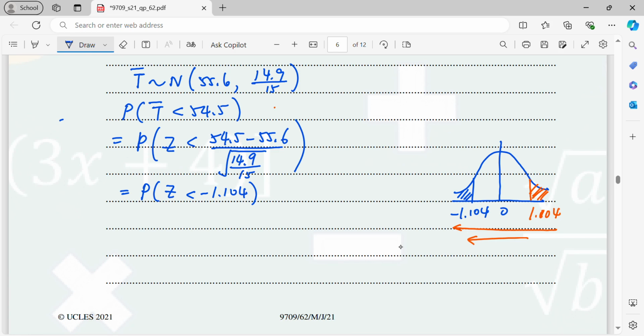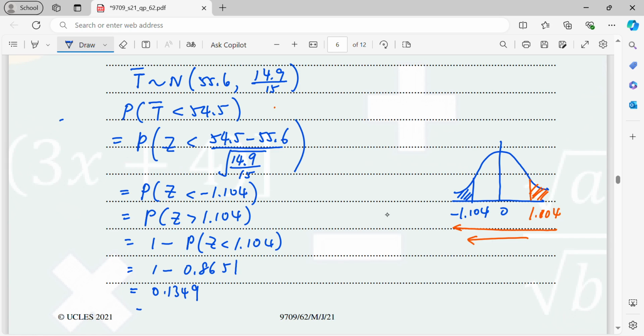So this is the same as P(Z > 1.140), and it is 1 minus P(Z < 1.140). Then now here 1 minus. So this probability can be found from the table. It's 0.8651. Okay, let me check. Okay, correct. Then here is going to be 0.1349, and rounded to 3 significant figures, that is 0.135. So that's all for the solution of this question.